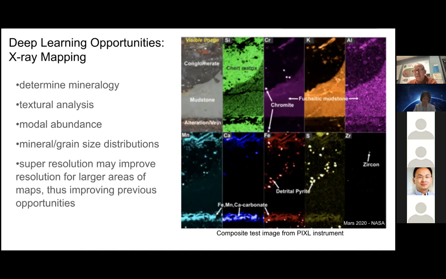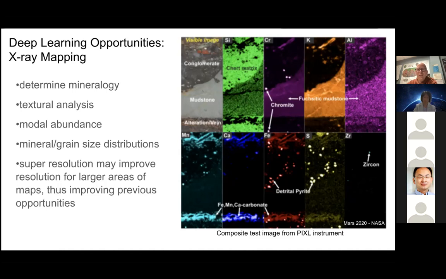And the idea is that the PIXL instrument will be collecting numerous types of these images that tell us about the rock types present on the surface of Mars in areas that are not composed of volcanic rocks. The challenge is, of course, these rocks are heterogeneous, and that we're going to see eventually rocks that we don't recognize based on the chemical compositions.